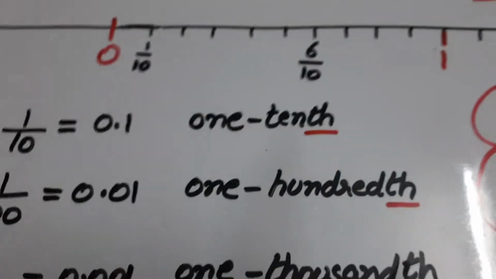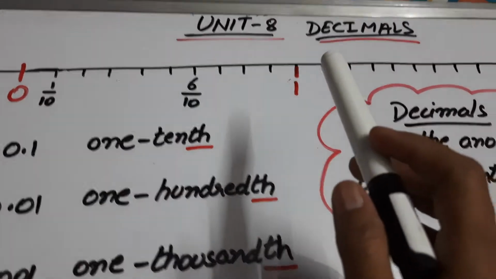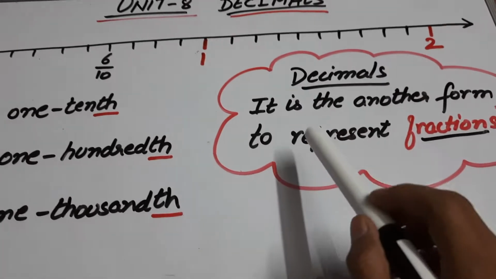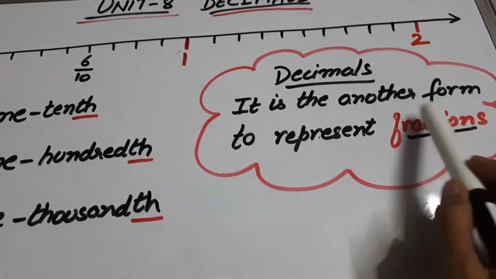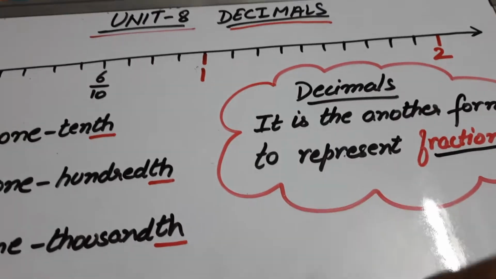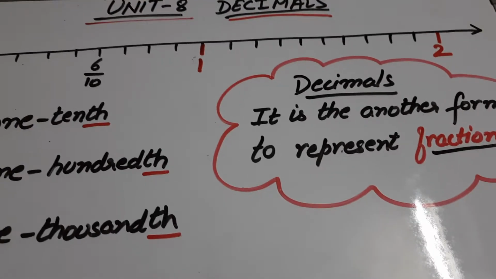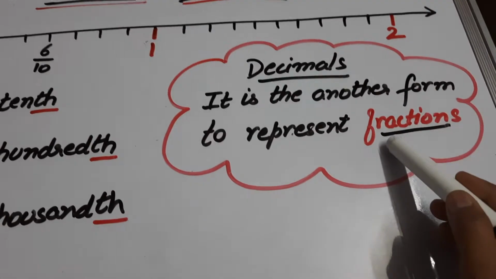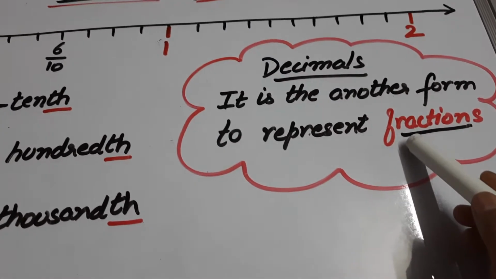So dear students, what do we mean by decimals? Let me first of all tell you what decimals are. It is another form to represent fractions. You read about fractions in the previous chapter.